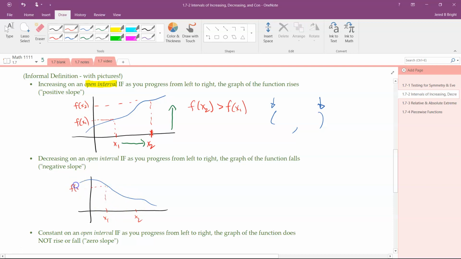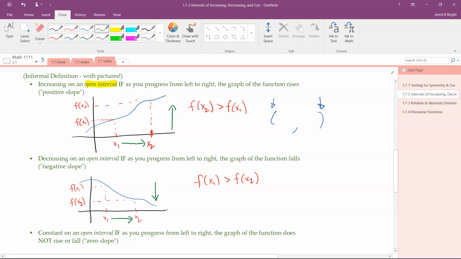So we have f of x1, and here we have f of x2, and we can see from the diagram that the y value for x1 is greater than the y value for x2. So that fits our definition. Again, informally, as you progress from left to right, the function falls vertically. That's the idea of decreasing.